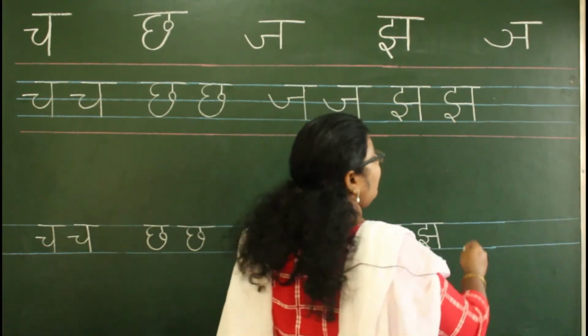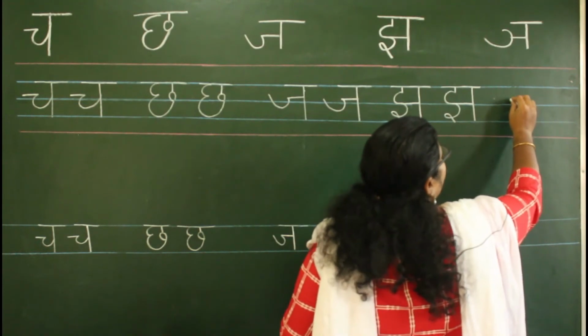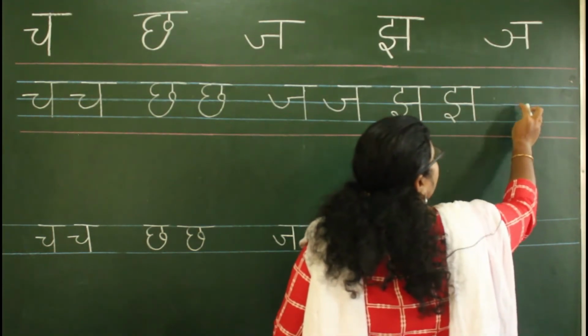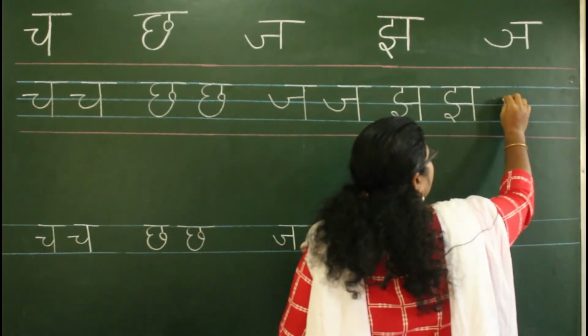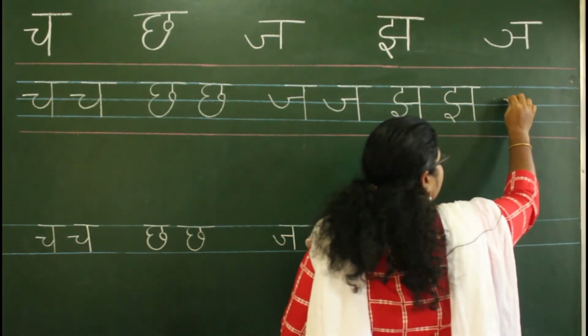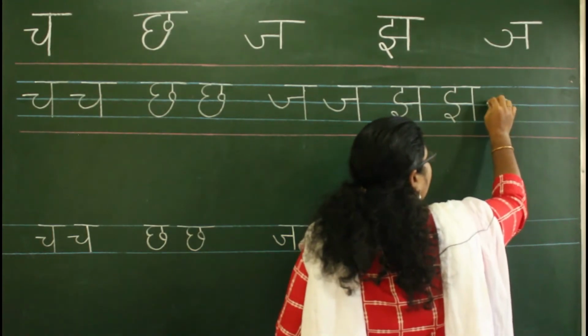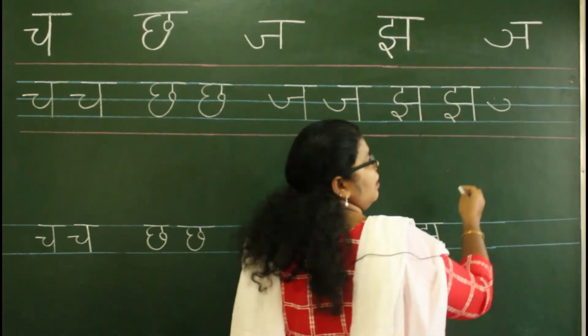Nya. How is it? In between the first and the last blue line, from the second blue line you have to draw a curve like this.